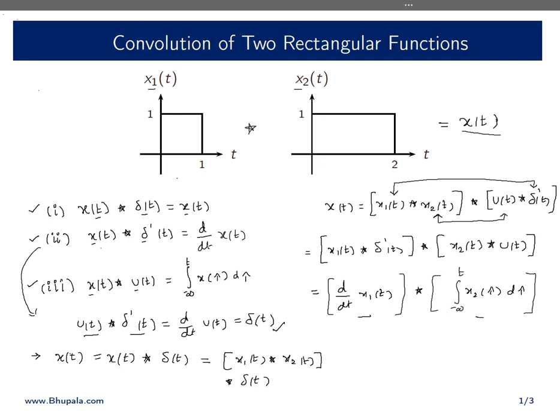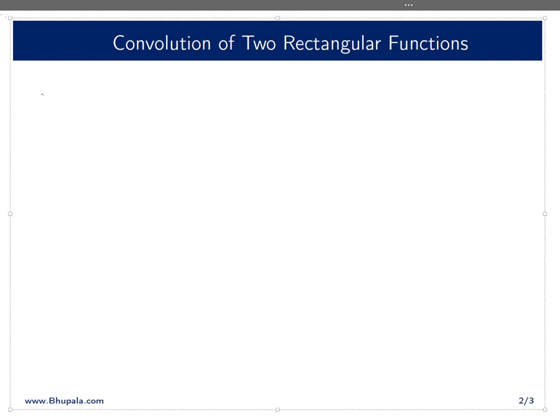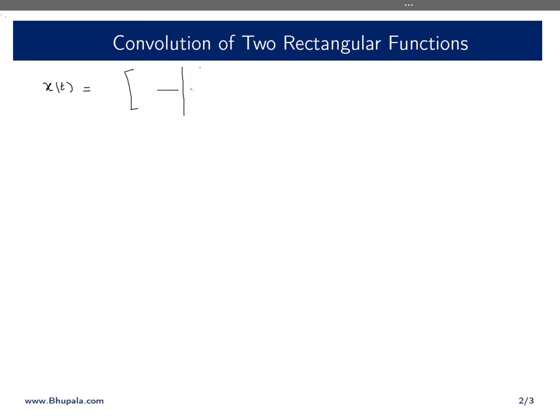Similarly, the integral of rectangular function we have also derived in the above link, so you can go through that. And hence we can see that our signal x of t is nothing but the derivative of x1 of t convolved with the integral of x2 of t, the plot of which will look like this.